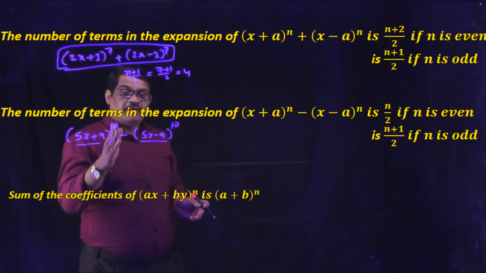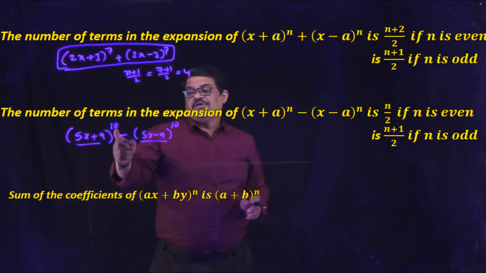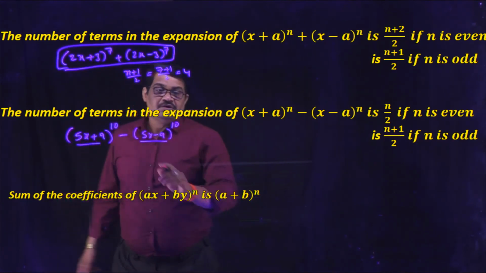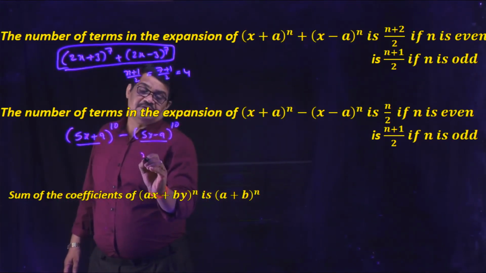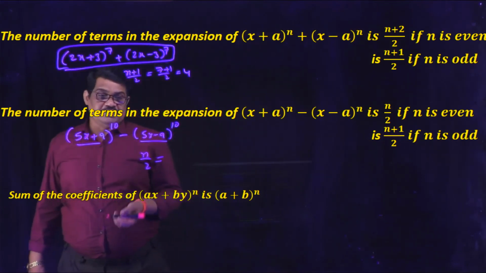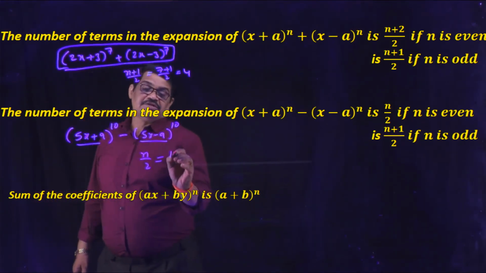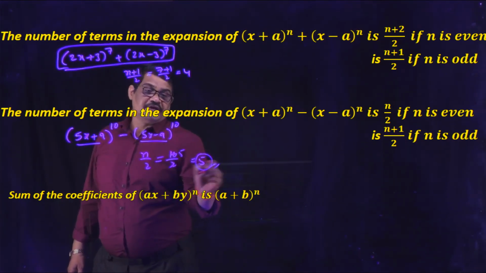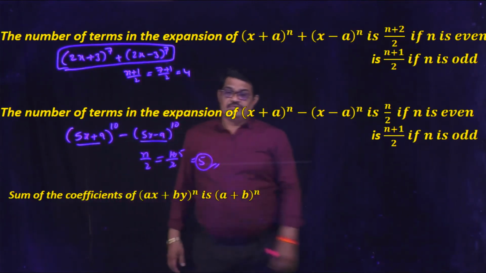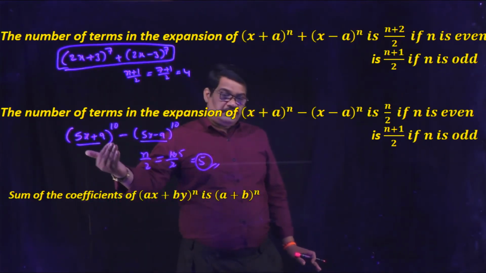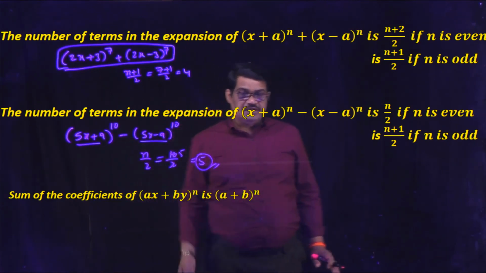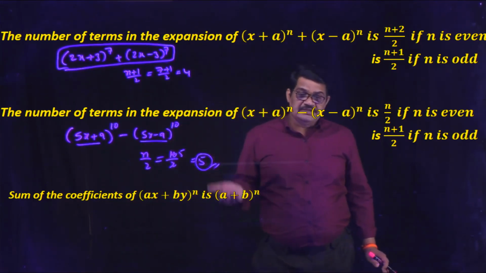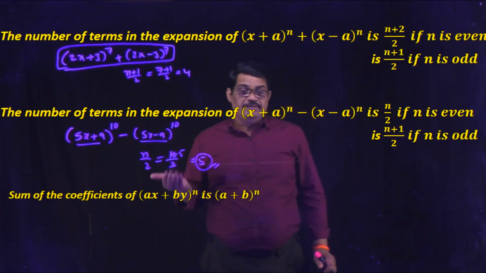If the power is an even number, here 10 is even, what is the formula? That is n/2. The total number of terms in that expansion is n/2, that is 10/2, which is 5. The number of terms in that expansion is 5. So without expanding, we can write the total number of terms. If n is even, then n/2 terms. If n is odd, the total number of terms is (n + 1)/2.